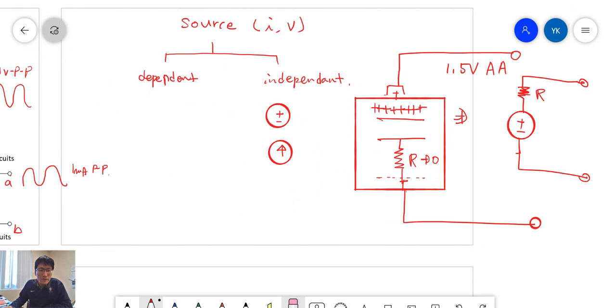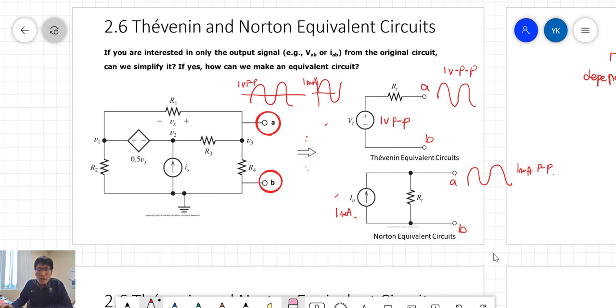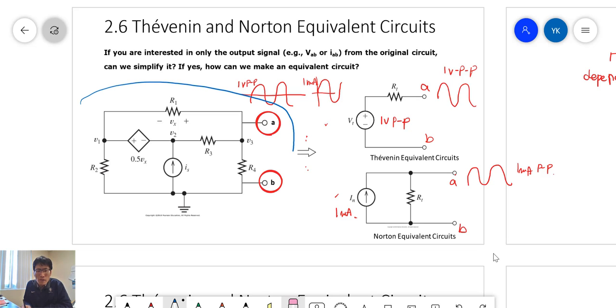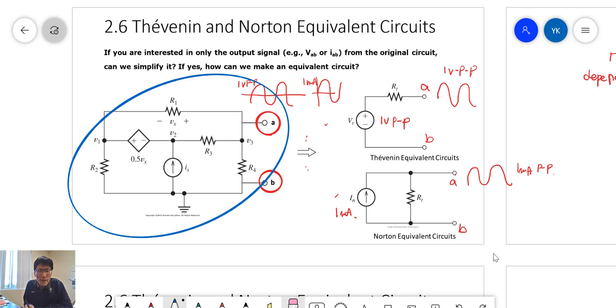Likewise, the original circuit. This original circuit, we don't know what happened inside of the circuit, but they generate the signal from the 2 terminal open circuits.